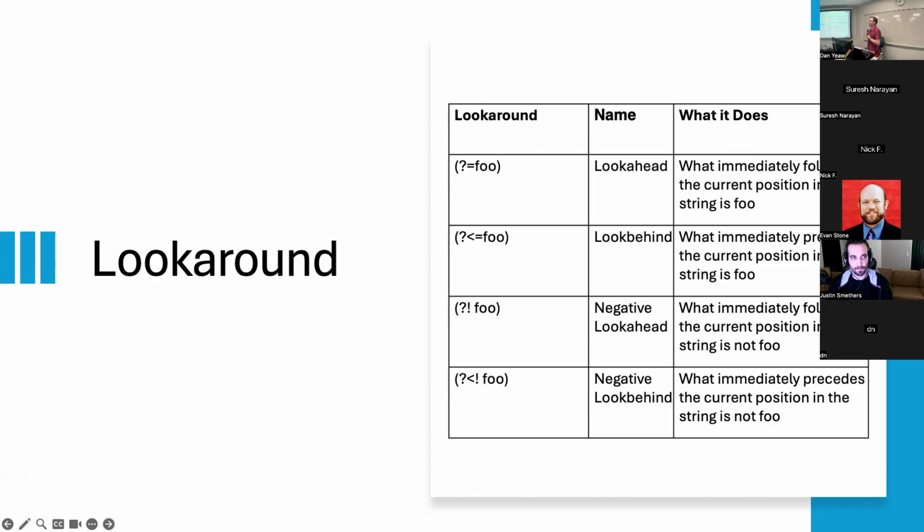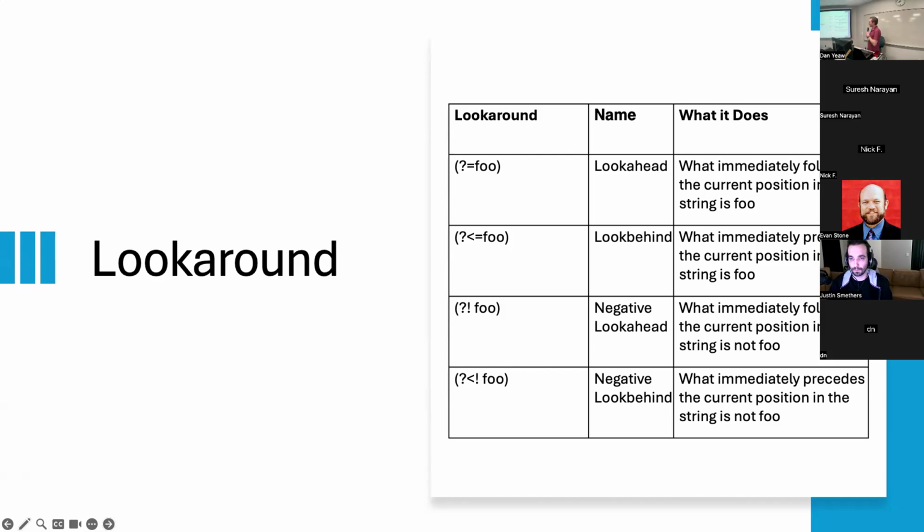Or, as we'll see in a second with a password, I need these types of characters in my password. You could do a look ahead and say, do I have a special character in this password somewhere? So those are called lookarounds. The look ahead is looking in front. The look behind is looking behind the characters you're matching.